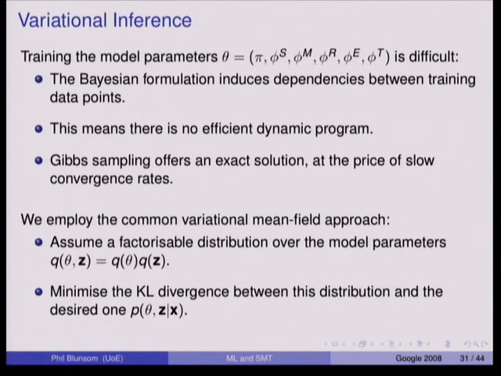So we know of another distribution that does decompose, and then what we can do is try and minimize the divergence between the model we want, P, and the model that we can actually estimate, Q. And we're hoping that that will give us a good approximation of the model we're trying to learn. Obviously, there's a lot more to it than that, but I'll gloss over that for the moment.